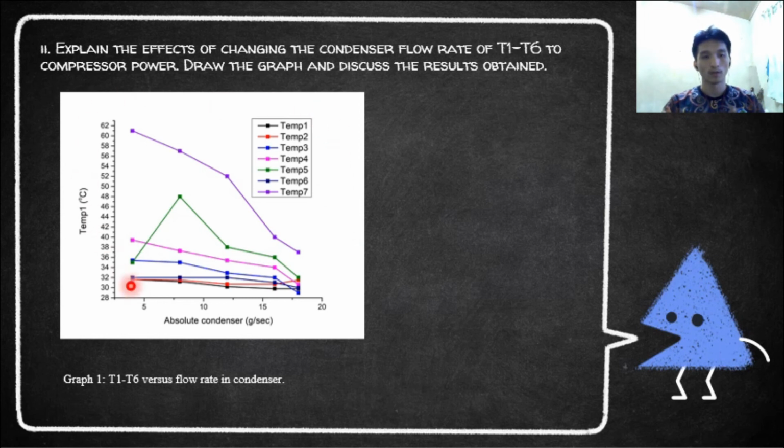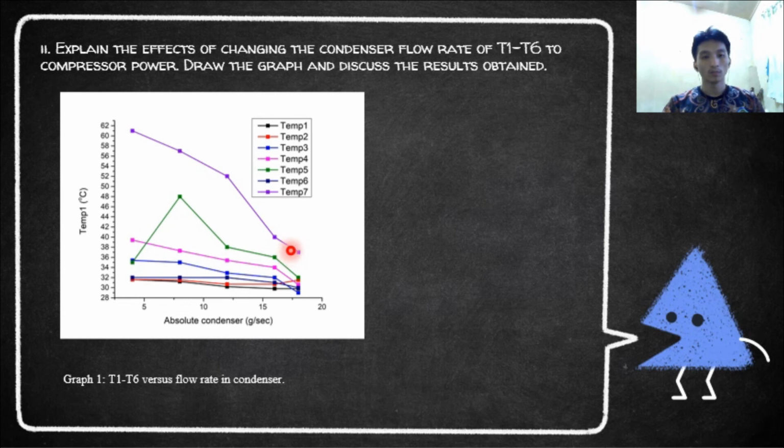From the graph, we can see that only the temperature 5 path is different from the others. As we know, the temperature increases while the flow rate in the condenser is decreasing.